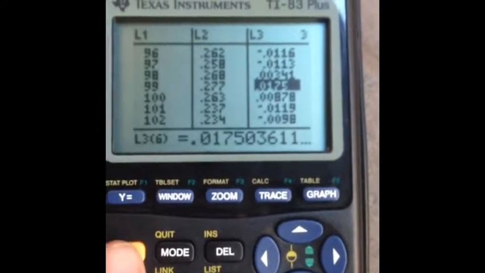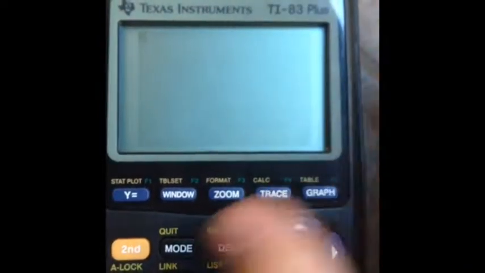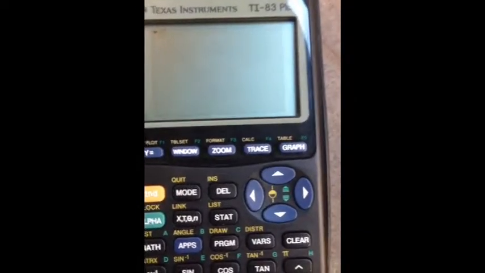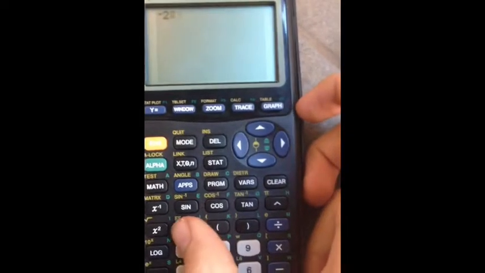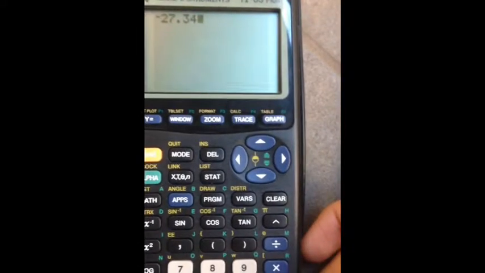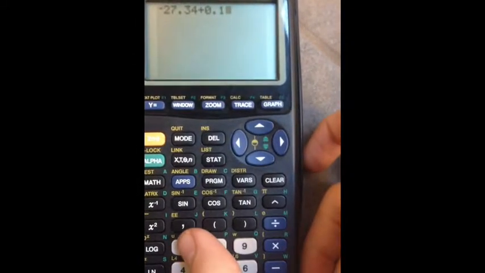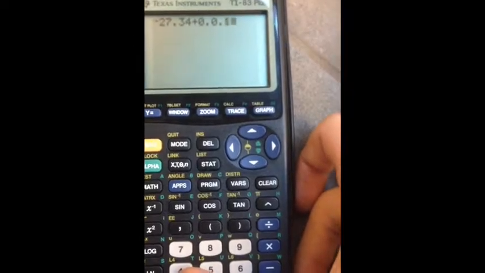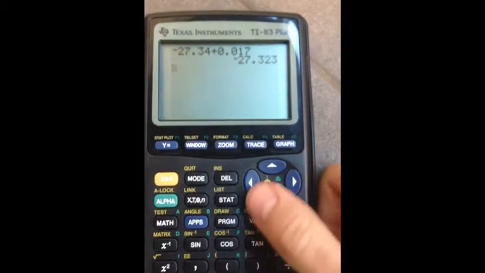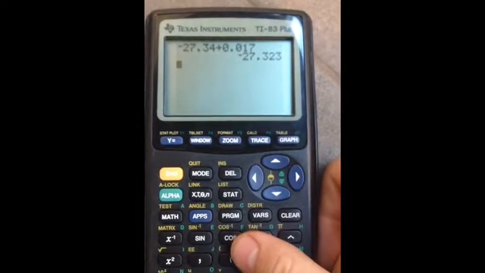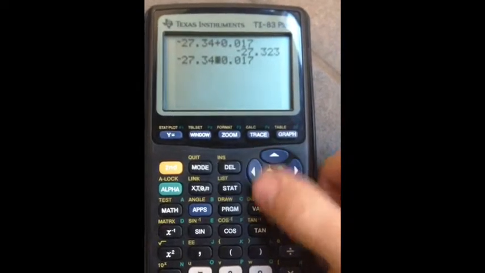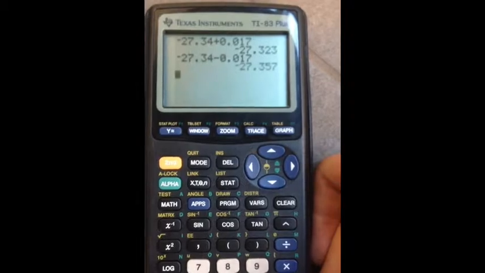So now that we know that, we will go back and we will find the y-intercept, which is -27.34. And then we add 0.1017 to it. So that's -27.323. And then you hit second, enter again, so that you can also subtract it from it.